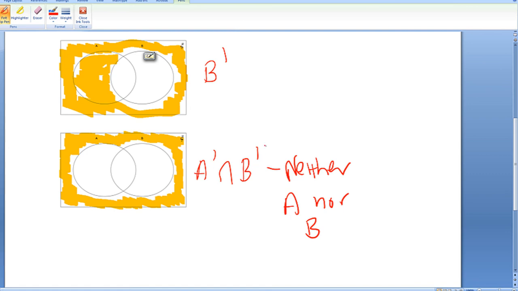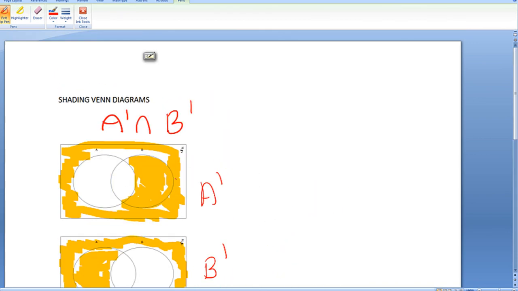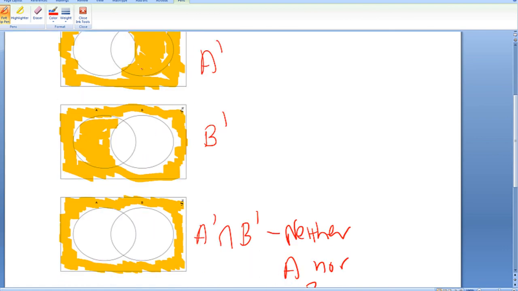Not A intersect not B is neither A nor B. It's all of these elements that appear outside here. So that's an introduction to shading Venn diagrams. Sometimes it's handy to step each one through three different Venn diagrams just to see what the finished product will be.